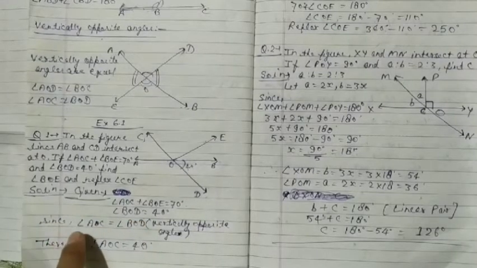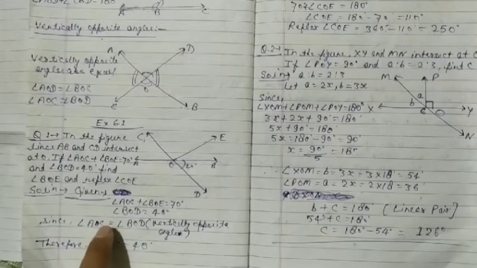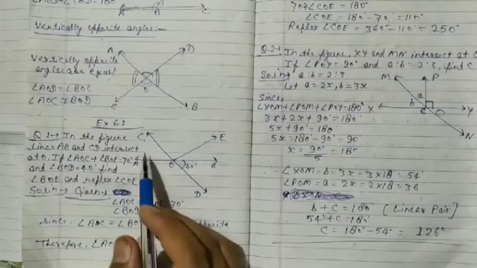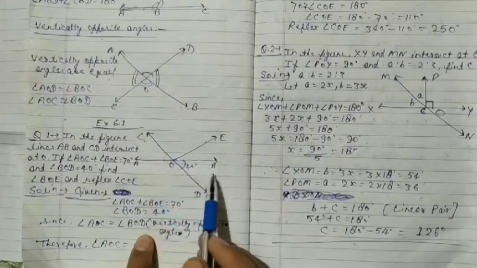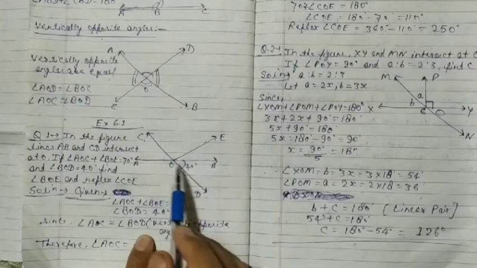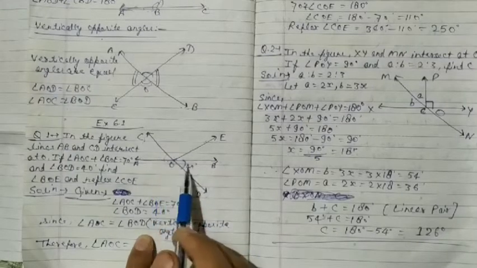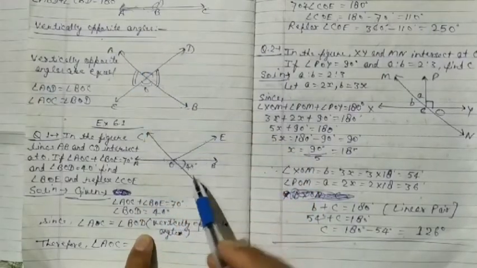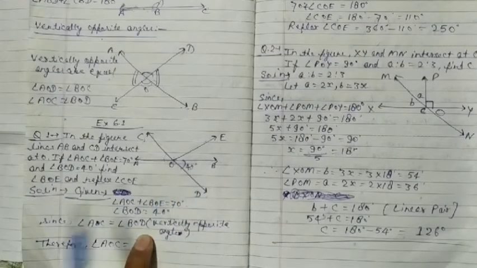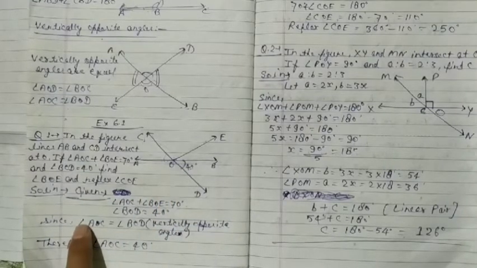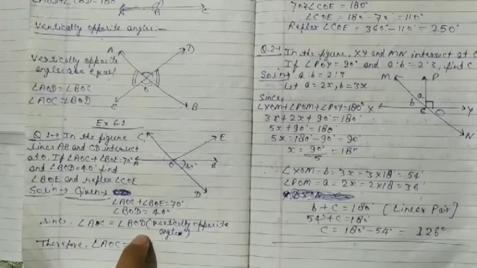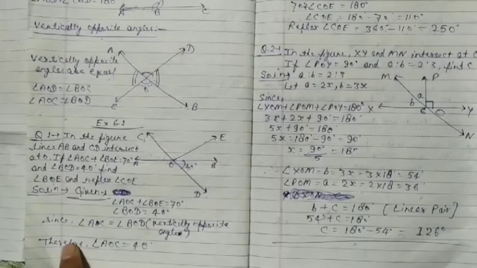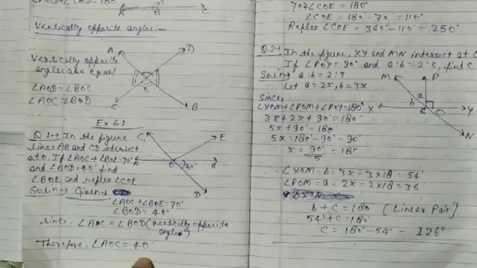Since angle AOC equals angle BOD, these two angles are vertically opposite angles. Like this, two lines intersect and these two angles are vertically opposite angles. So angle AOC and BOD are the same because vertically opposite angles are the same. The value of angle BOD is 40 degree, therefore angle AOC equals 40 degree.